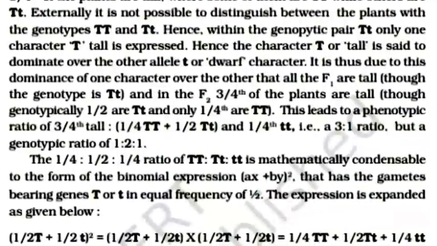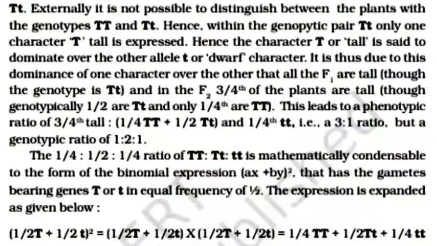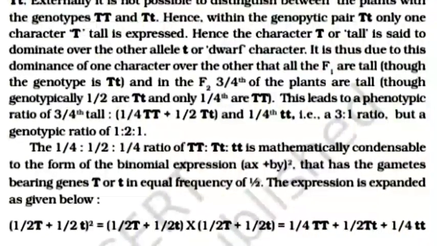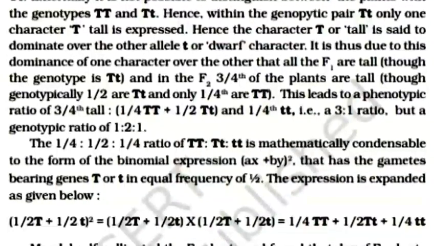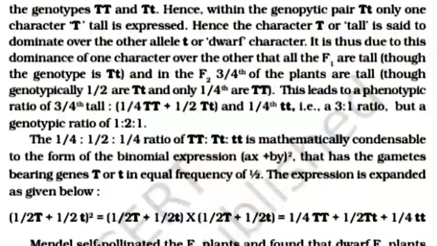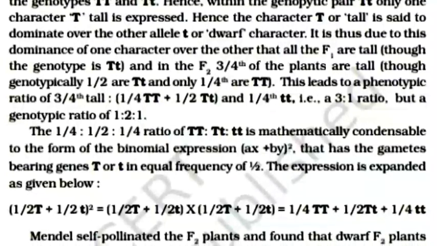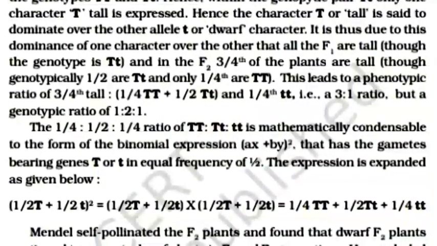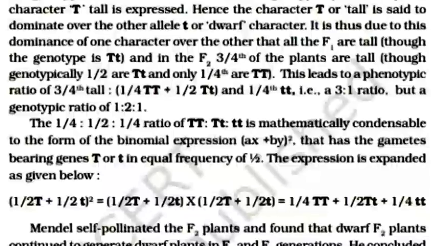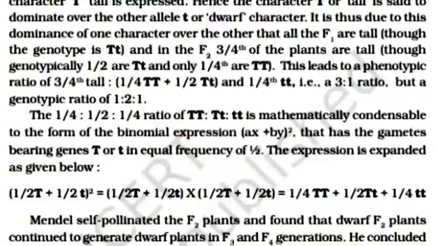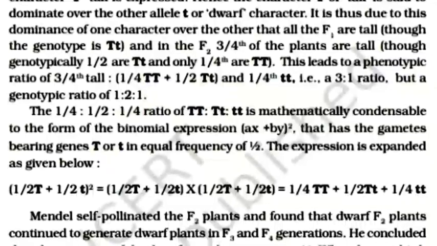It is thus due to this dominance of one character over the other that all the F1 are tall, though the genotype is capital T small t, and in the F2, three-fourths of the plants are tall, though genotypically half are capital T small t and only one-fourth are capital T.